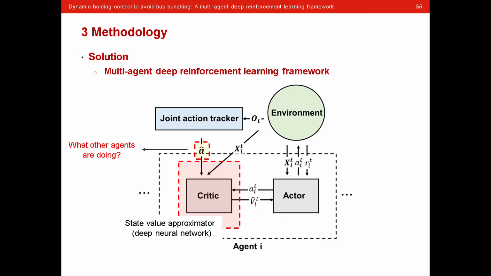Because if we do not know what other agents are doing, the stationarity of the environment cannot be ensured.